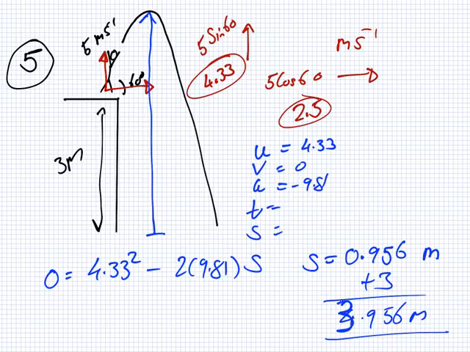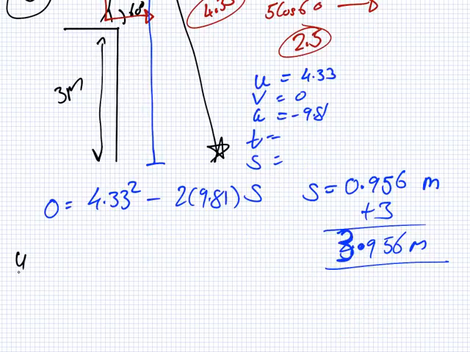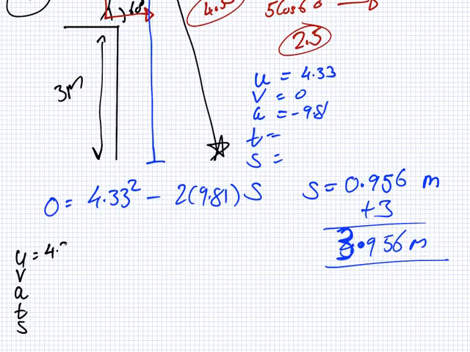Okay. And then the next one was the time to get here? Yes. So U, V, A, T, S. U is 4.33. V we don't know. A is minus 9.81. T we don't know. And S is minus 3.